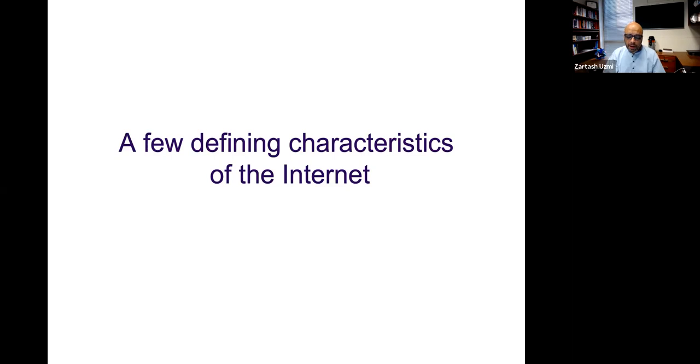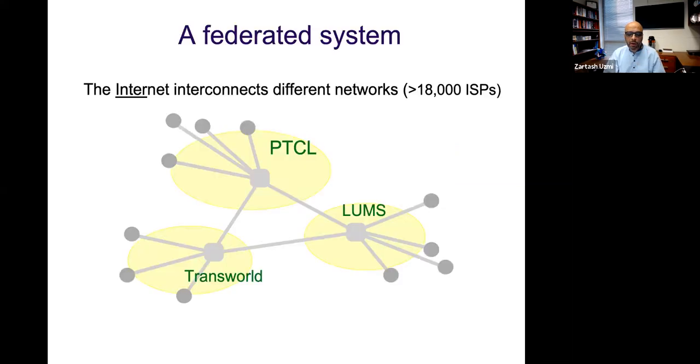Now some of the defining characteristics of the internet. One is that it's a federated system. The internet interconnects different networks. We gave this example last time.